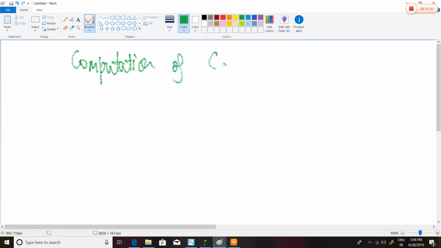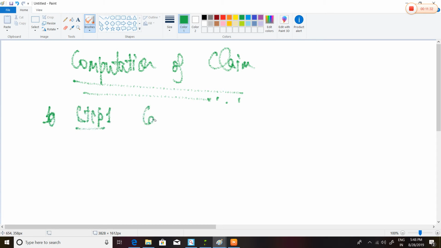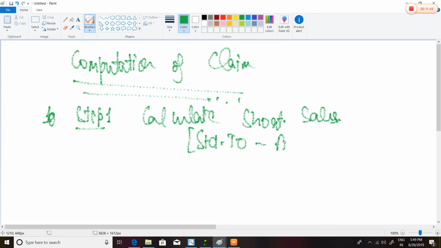Step one, calculate short sales. What will be the short sales? Standard turnover minus actual turnover, then plus the increasing trend.